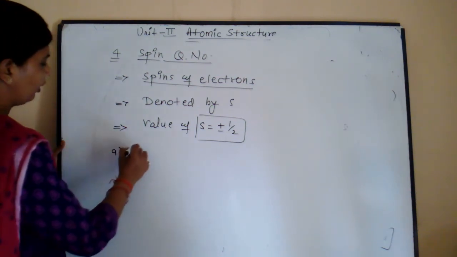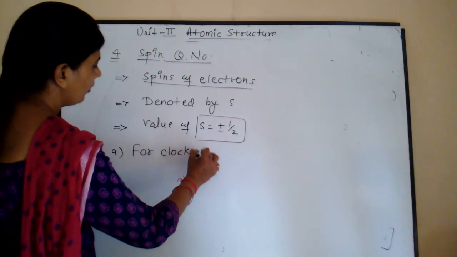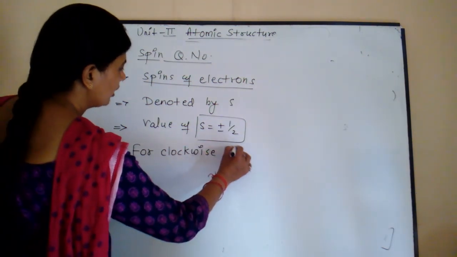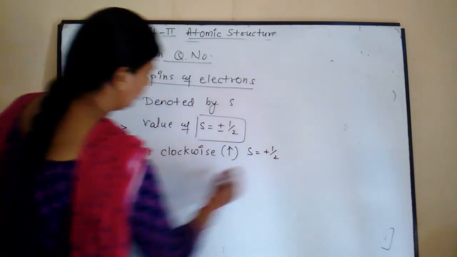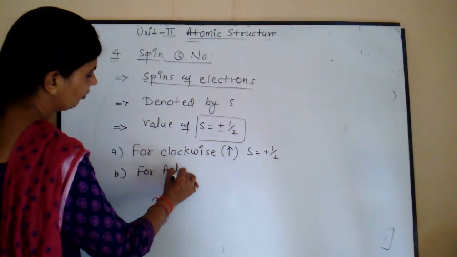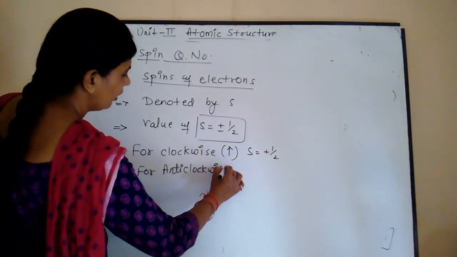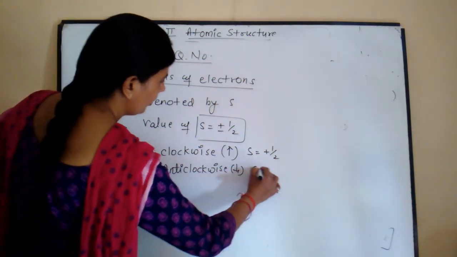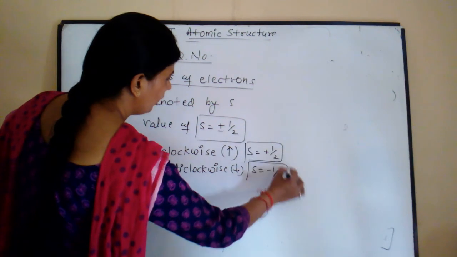We know that an electron has 2 spins. First is clockwise spin. If the electron has clockwise spin, then the s value is plus 1 by 2. And for anti-clockwise, if the electron has anti-clockwise spin, the value is minus 1 by 2.